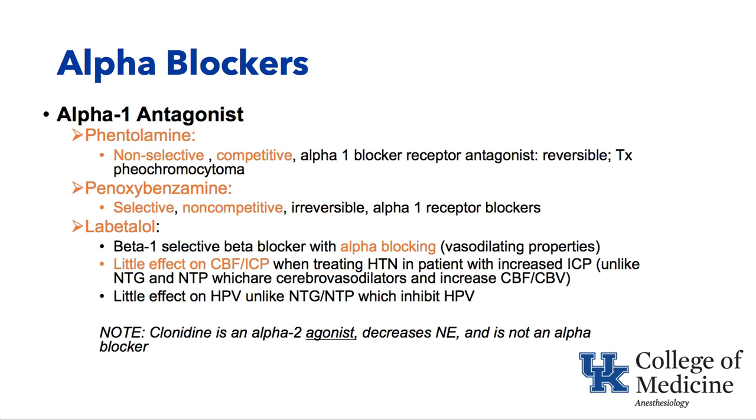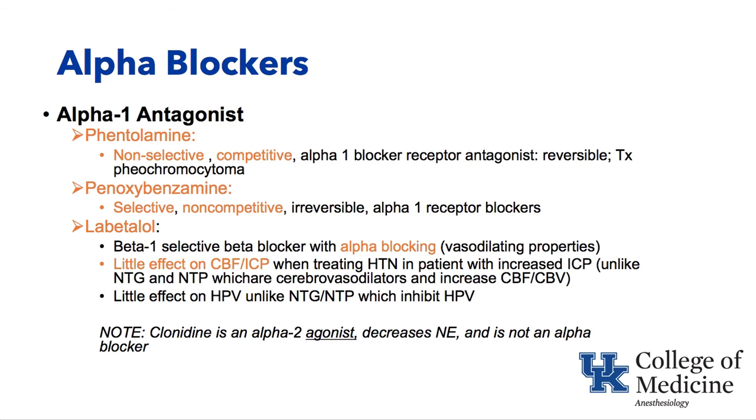Let's talk about alpha blockers next. Drugs that are not used very frequently include phentolamine and phenoxybenzamine, except when you're discussing the treatment of pheochromocytoma. Pheochromocytoma, remember, often is a norepinephrine-secreting tumor, and you want to block the alpha receptor, at least that's the usual recommendation, prior to someone coming to an operation for their pheochromocytoma.